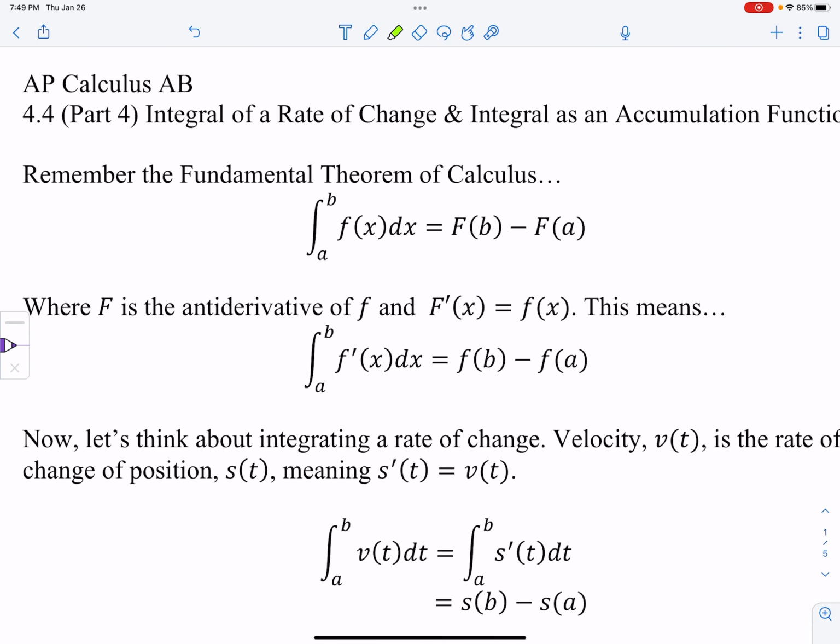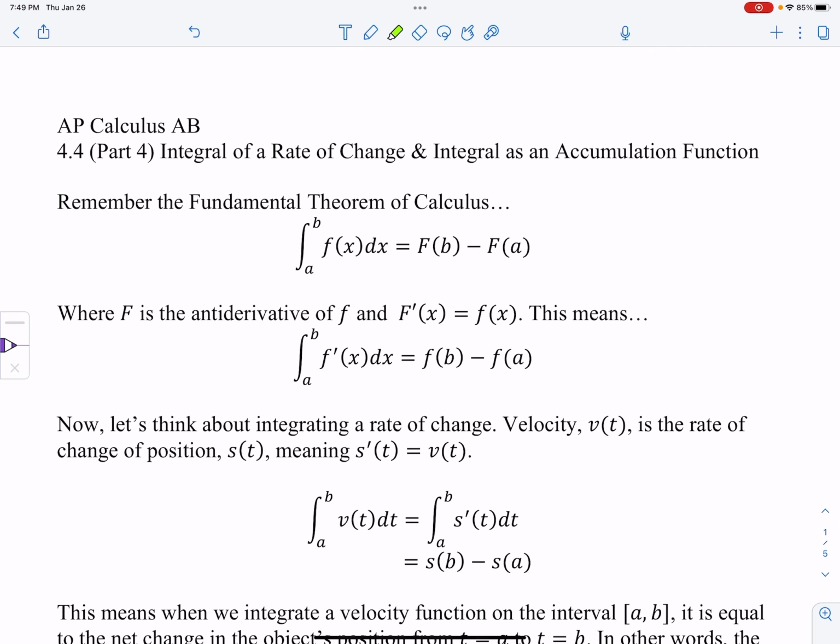So we're going to think about integrating rates of change. A common rate of change, in a physics application, would be movement, an object moving through space.